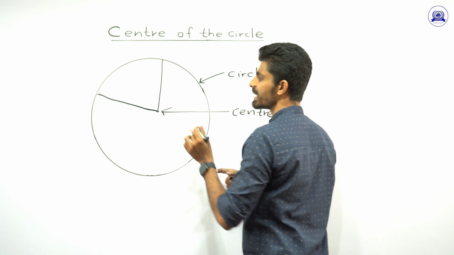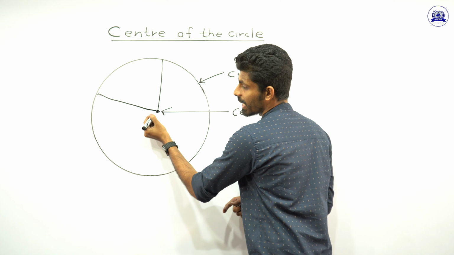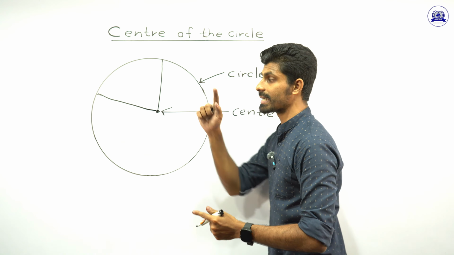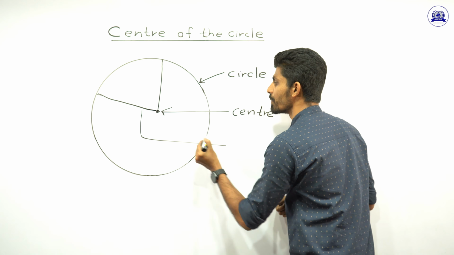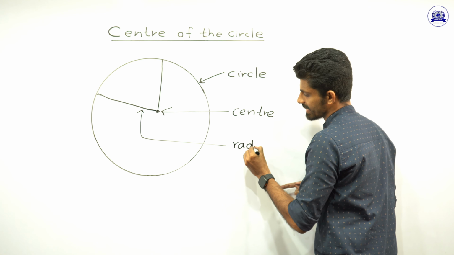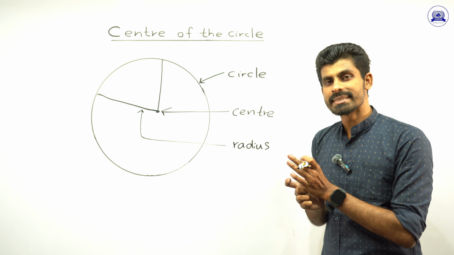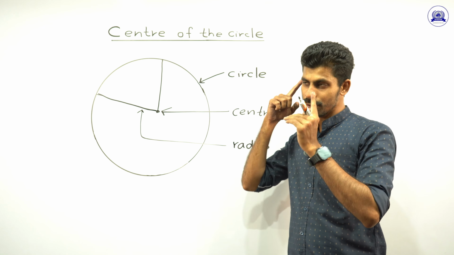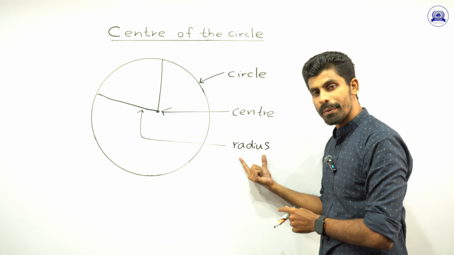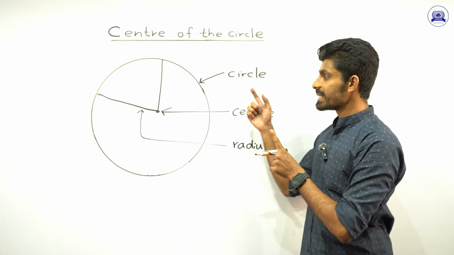The line you draw from the center to the circle is known as the radius. Keep it in mind a little, it is not related to grade 6. Center, radius and circle. You need to remember these three terms.